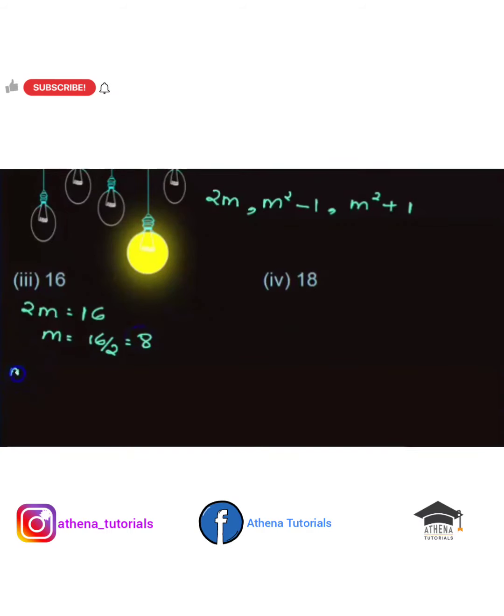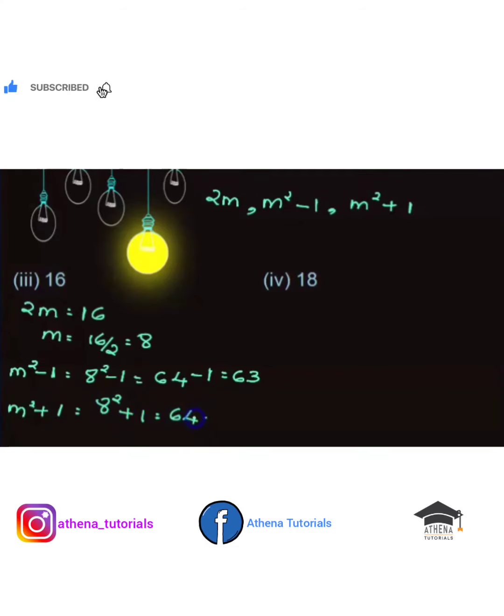Now m square minus 1, that is 8 square minus 1, which will be equal to 8 8s are 64. 8 square is 64 minus 1, which is 63. And m square plus 1, which will be equal to 8 square plus 1, which is 64 plus 1, that is 65. So the other two numbers are 63 and 65.